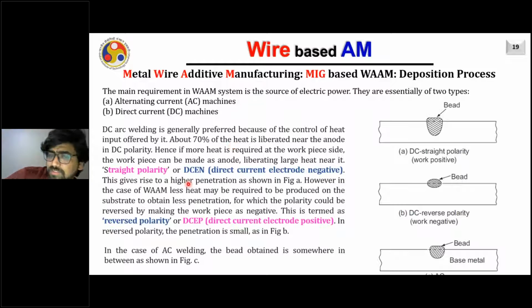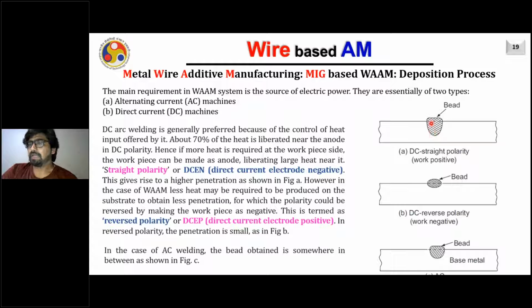Now let us consider two types of polarity. One is straight polarity, also popularly called direct current electrode negative. In such a case, more heat will be generated on the substrate because my electrode, the wire, is negative, so more heat will be generated on the positive side, and that is why we will get more penetration.